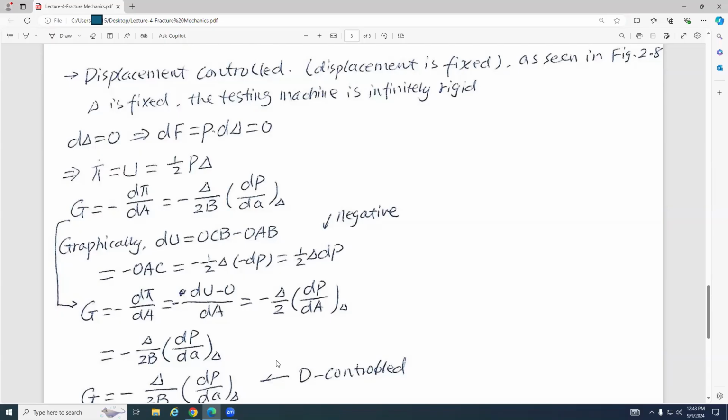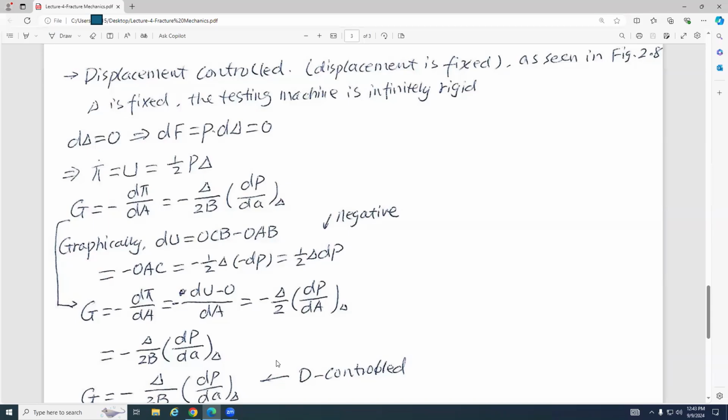You guys agree? When dδ equals 0, no matter how much P you have, P multiplied by dδ equals 0. Then this is dF, this is F, and if you integrate over 0, the result is 0. If the integrand equals 0, that's definitely 0.